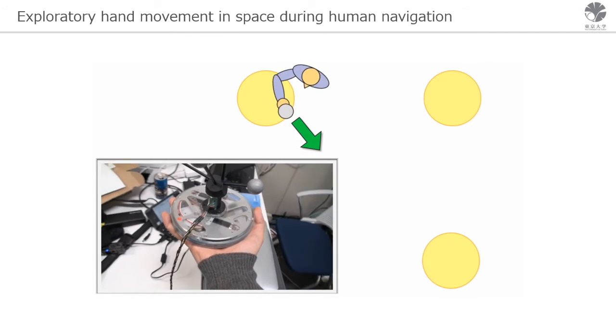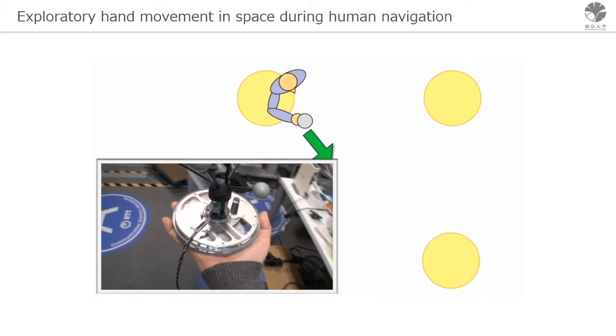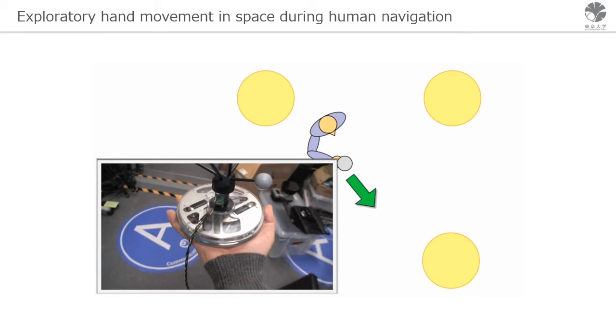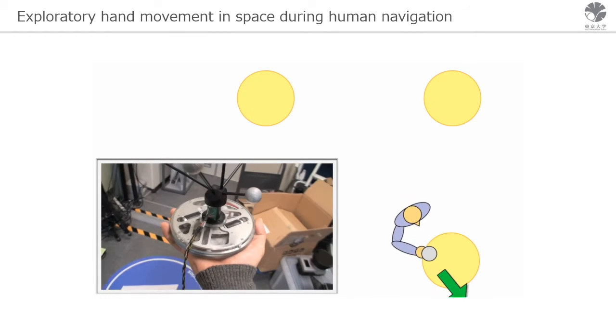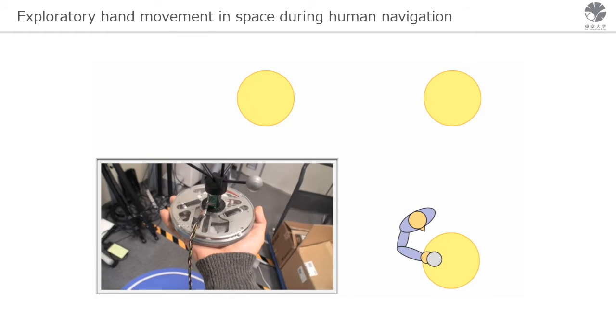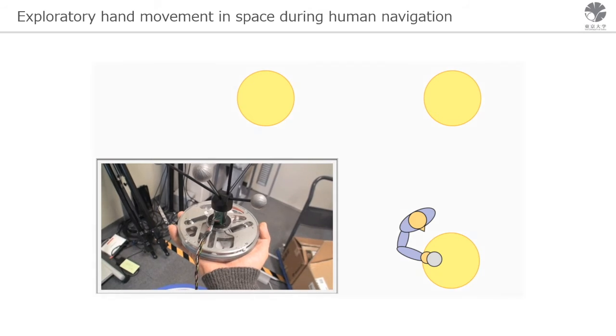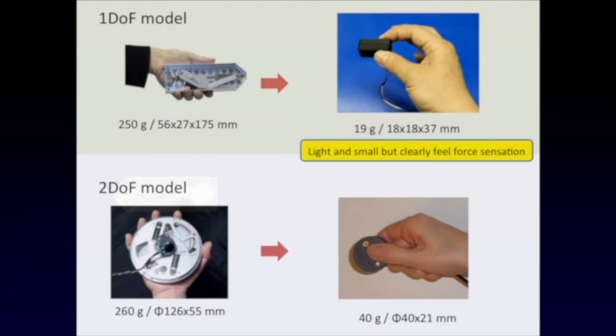Using the motion capture system, the direction of the hand or device was measured and used to change the direction of the force of navigation. So that's why people can walk on the predefined route. And also we made a tiny small prototype. Let me show you some video.